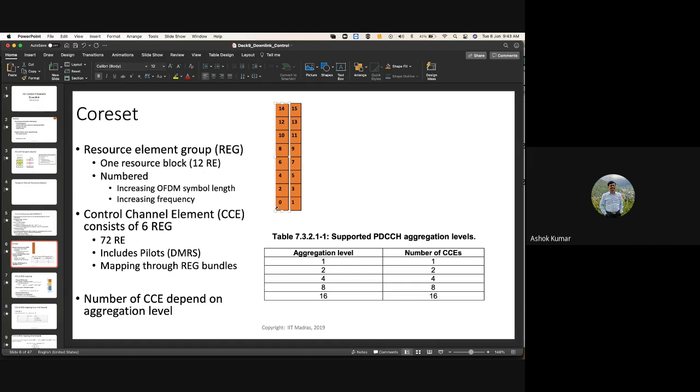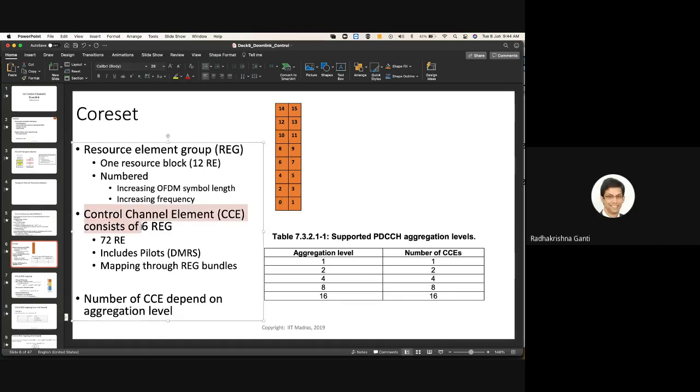It need not be contiguous, 1 and 3. I think they should be contiguous. Because it has to be in the range, so it will be contiguous. I'm more or less sure it's contiguous, but let me just confirm that once. Okay, fine.